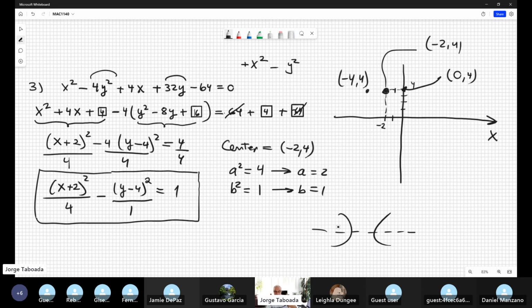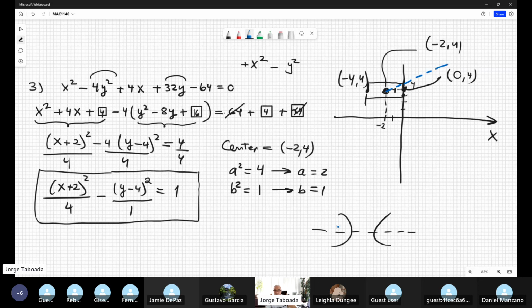To have some idea how the hyperbola looks, B is 1. So we are doing the famous reference rectangle. It's 1 in this direction, 1 in this direction, 1 in this direction, 1 in this direction. So we have one rectangle here. And you connect, well, the asymptote, let me use blue color.